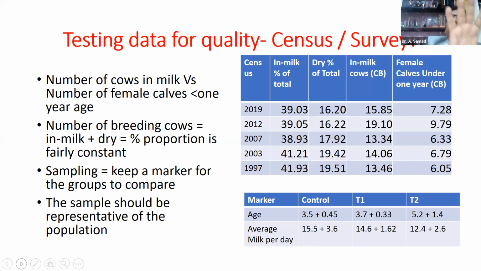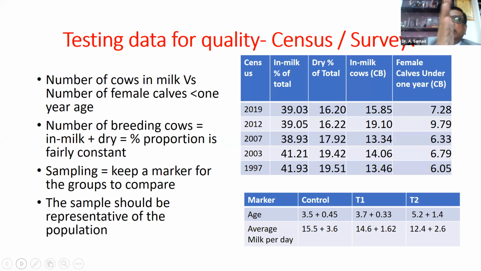To prove that this number is correct, I looked at the number of calves, because in the census they also record the number of calves under 1 year of age. So these are probably the number of calves born to these in-milk animals at that point in time, with plus or minus 2.5 to 5% difference here and there. I looked at the number of female calves, because the male calves are not recorded under 1 year. They record 0 to 3 years.